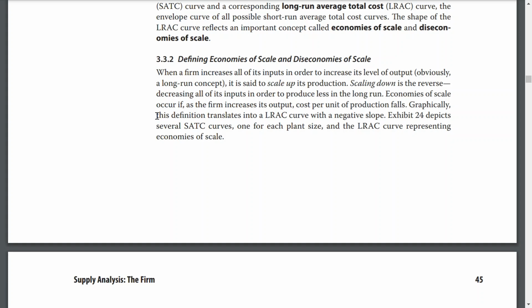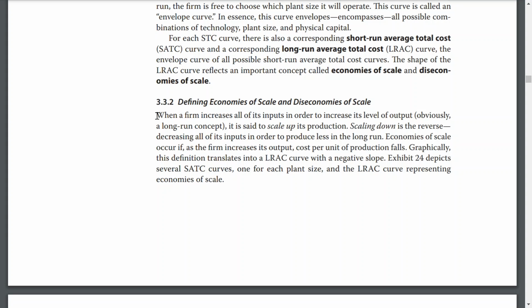When a firm increases all of its inputs in order to increase its level of output, obviously a long-run concept, it is said to scale up its production. Scaling down is the reverse, decreasing all of its inputs in order to produce less in the long run. Economies of scale occur if, as the firm increases its output, cost per unit of production falls.